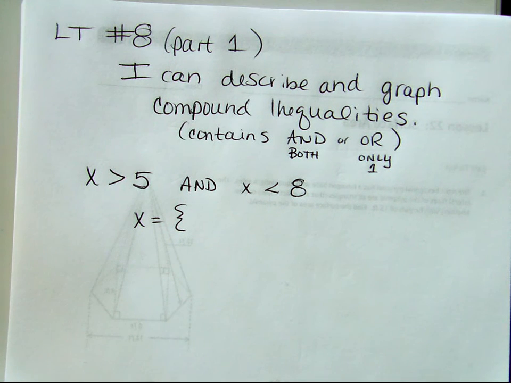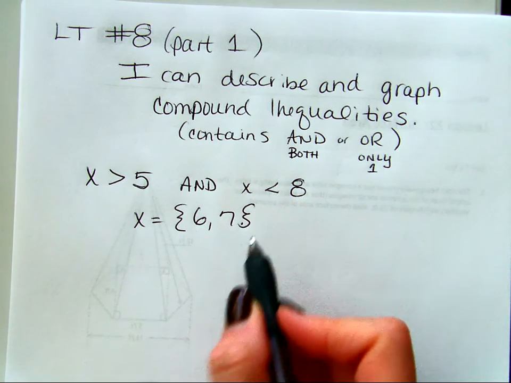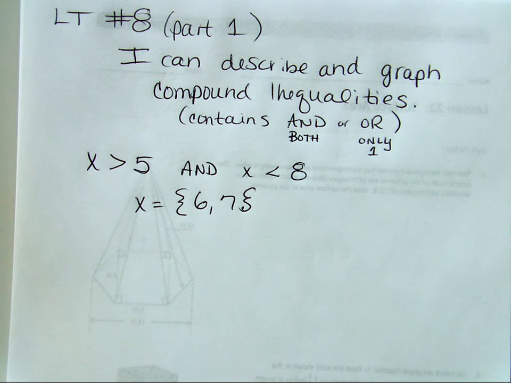How many numbers are we talking about in our solution set? Sam? Yeah. You got it. Just 2. And what are they? I started to cover it up because that's a habit. So 6 and 7 are the only 2 numbers that are in this solution set.